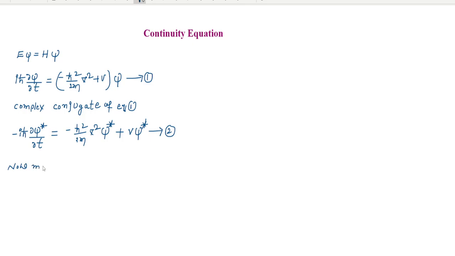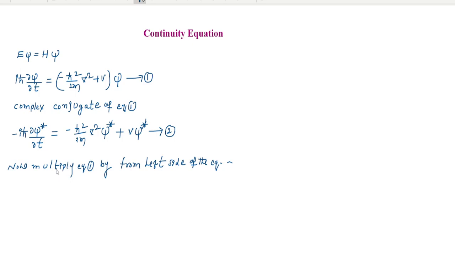multiply this equation number 1 from the left side of the equation.